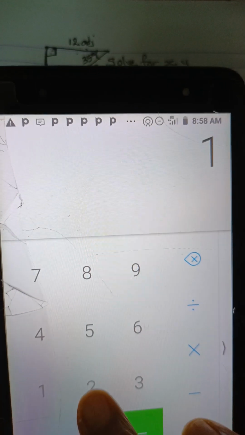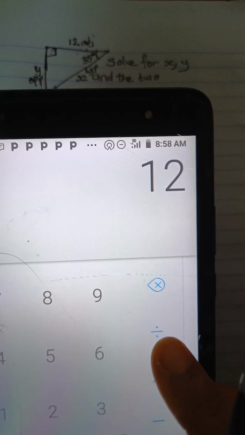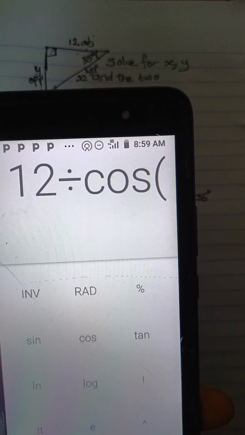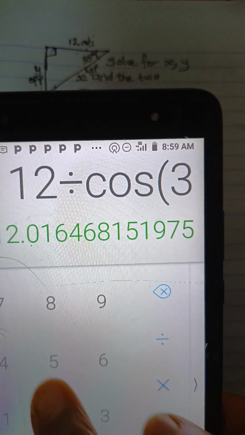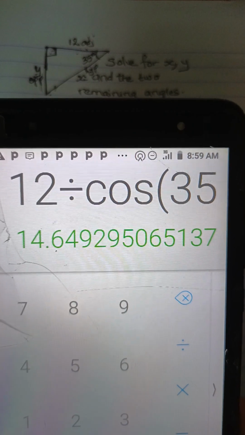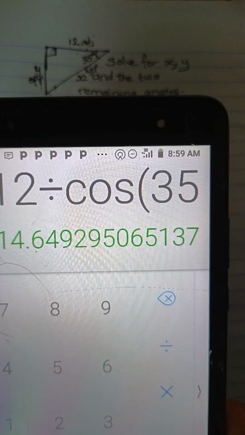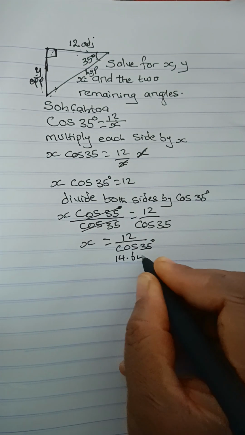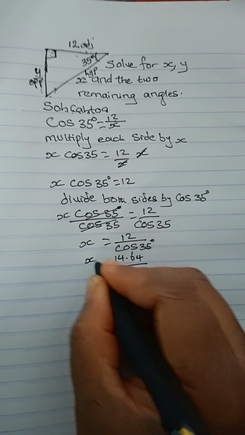We type 12, divide, then cos, and come back to 35. So we have 12 divided by cos 35, which is 14.64. So this is our x.